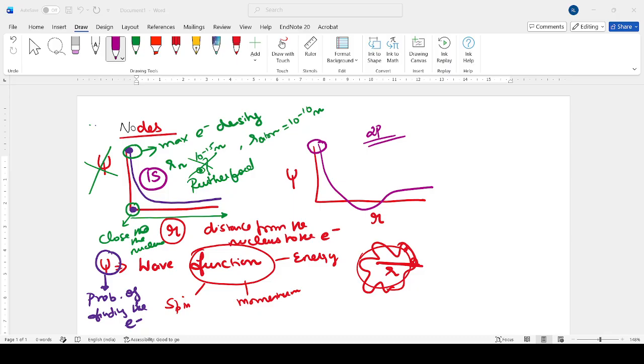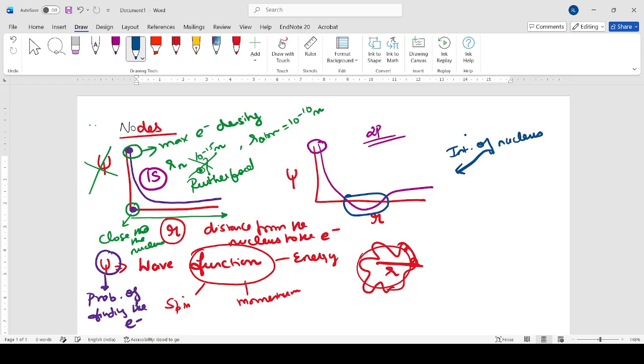That itself was a mistake here. The second mistake is that you can see the electron density is moving into the negative axis. Can you see this? Yes, ma'am. What does it suggest? The electron is in the interior of the nucleus. Is that possible? No, ma'am. This is also not possible.